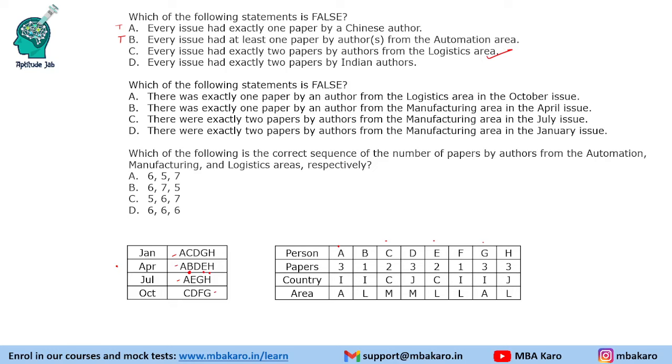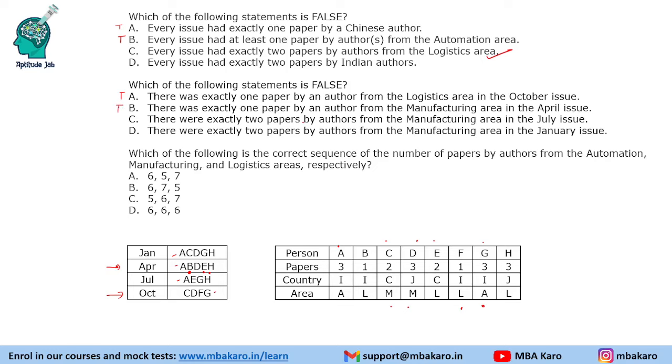Which of the following statements is false? There was exactly one paper by an author from the logistics area in the October issue. In the October issue we have C, D, F and G. So one paper from logistics, which is true. Exactly one paper by an author from the manufacturing area in April. In April we have A, B, D, G, H. So D is from manufacturing. So this is also true.